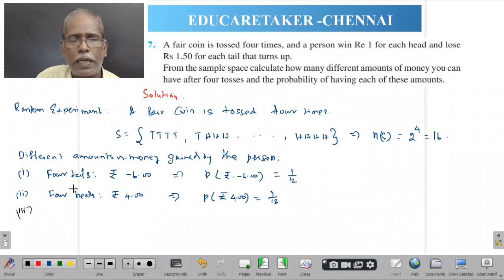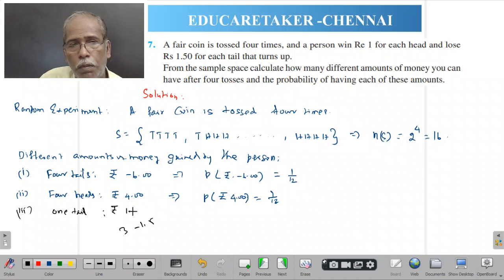Now we'll go to the next possibility, 3 heads and one tail. One tail means one loss, 3 successes. So 3 successes is 3 rupees, one loss is 1.5 rupees. So we subtract: total gain is 3 minus 1.5, that is 1.5 rupees.